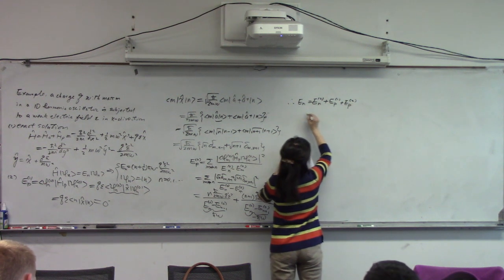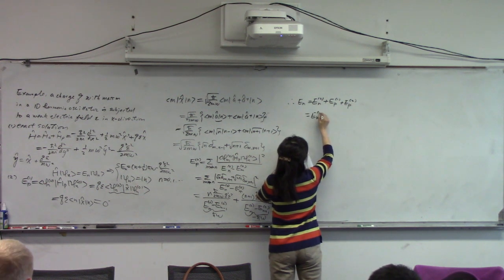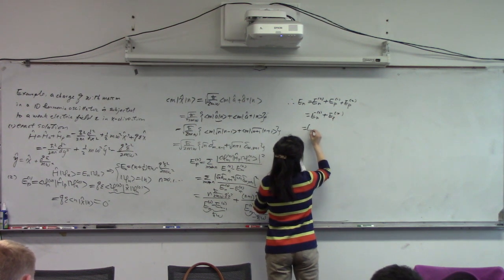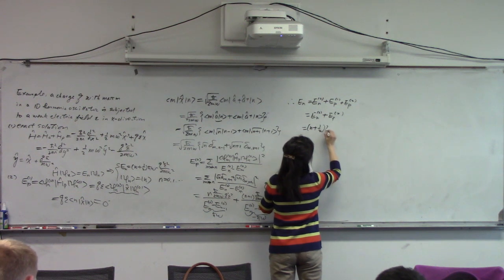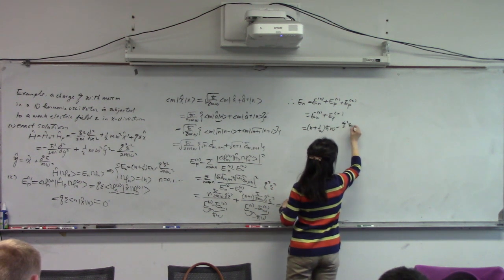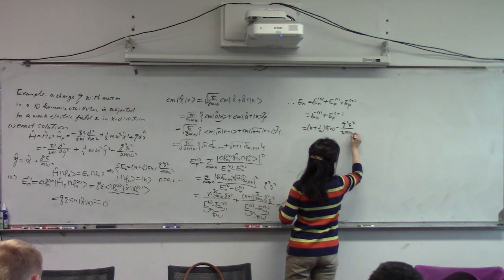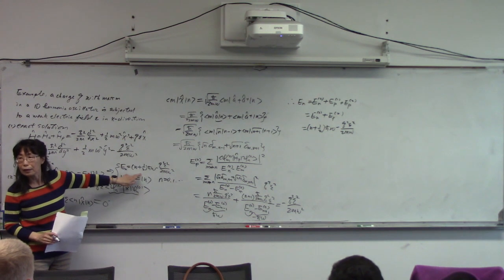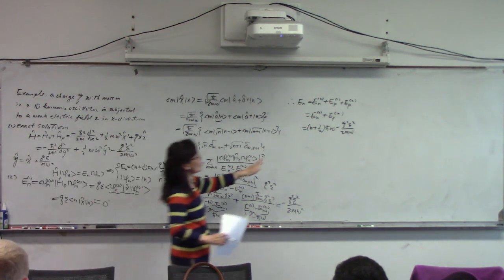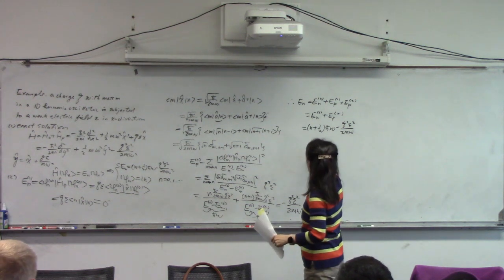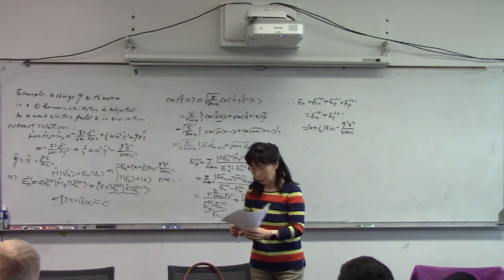But the first order correction is 0, so only the second order, right? And then that is n plus half of h bar omega, and then minus q squared epsilon squared over 2 m omega squared. And you can see it is exactly equal to this. So that shows how powerful this perturbation theory is, and up to second order is enough.